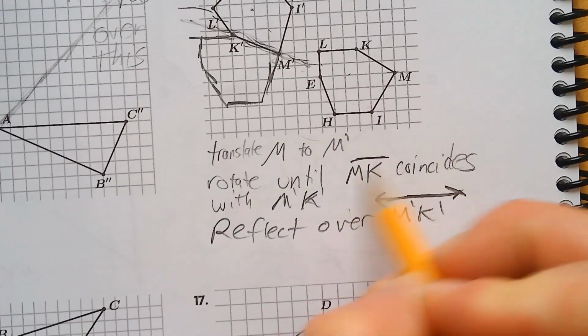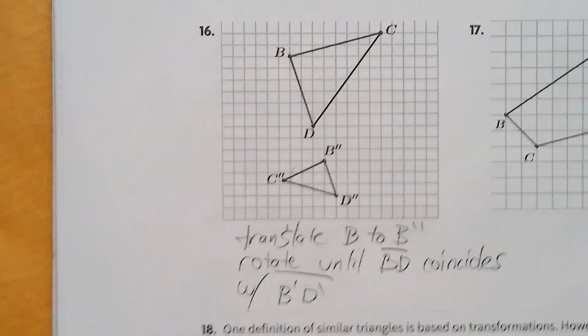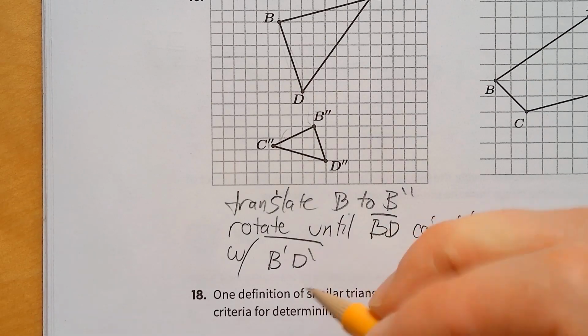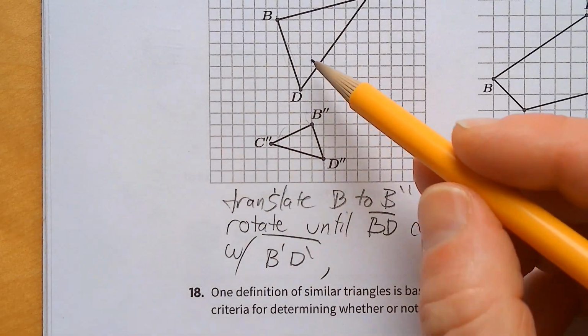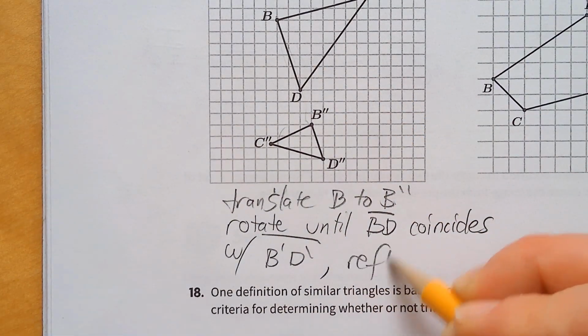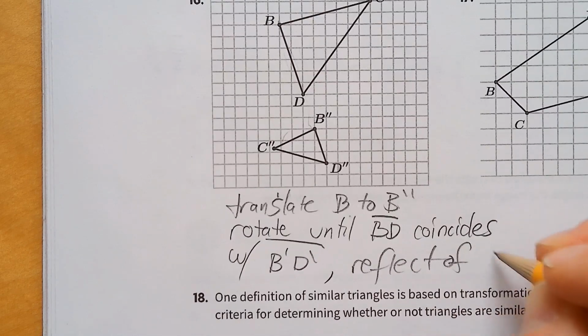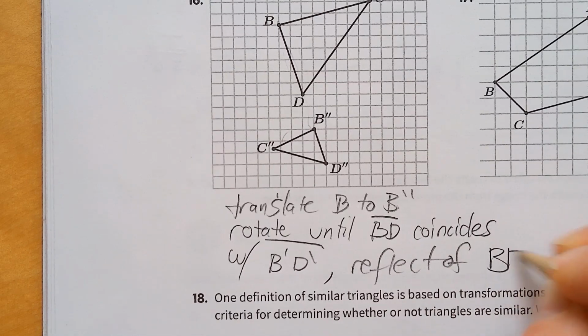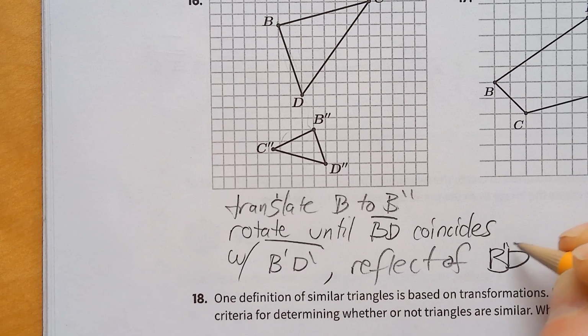In fact, I forgot to write those up here. The segment, the segment. And then we need to reflect. Yeah, we need to reflect. And then reflect over BD. Let's go with the double prime thing.